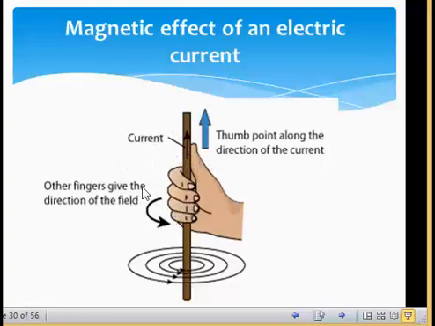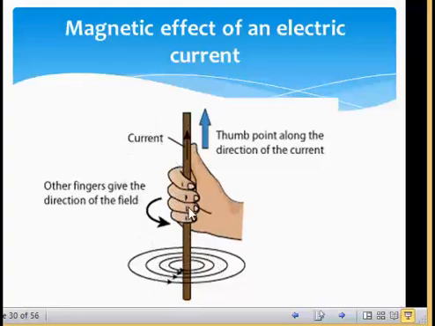The right hand clench rule says that if a wire conductor is being clenched by the right hand, with the thumb pointing in the direction of the current, then the magnetic field will be pointing in the direction of the other four fingers, as you can see here. So the thumb is going up, then the magnetic field is actually going counterclockwise. This is anti-clockwise.